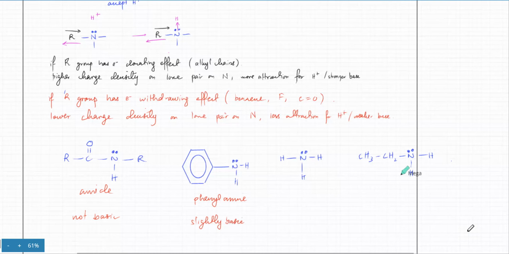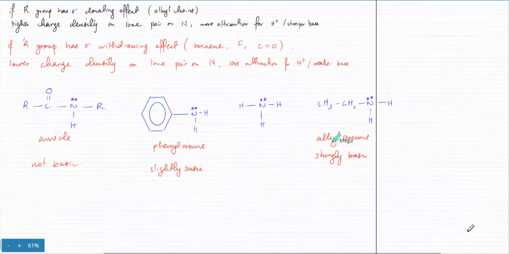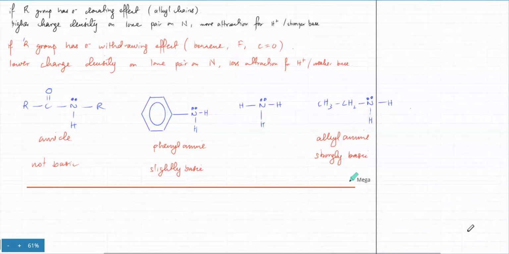And lastly, you have an alkylamine, and it's relatively strongly basic. So when you move to the right, the basicity increases. You're going to study 4 nitrogen-related compounds, and if you move to the right, the basicity of the molecules is going to increase.